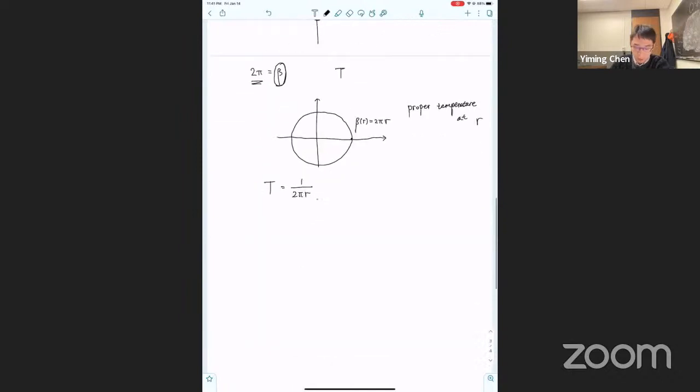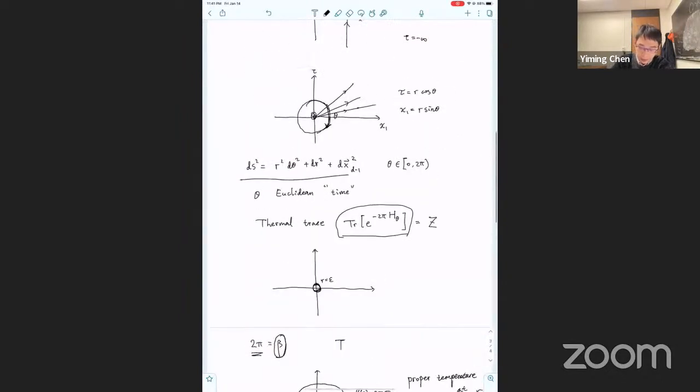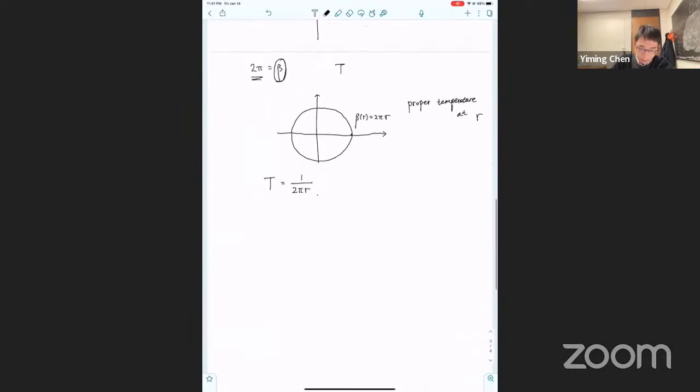What we do is just take this metric and analytically continue the theta coordinate to theta equals i eta. That will give us a metric that looks like ds squared equals minus r squared d eta squared plus dr squared plus transverse space.